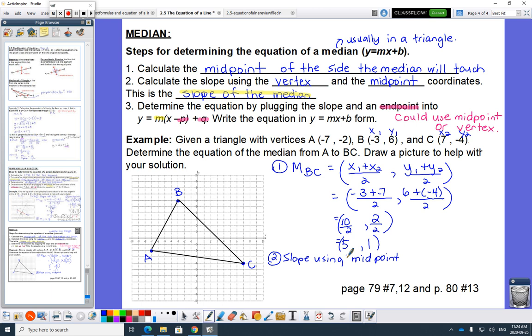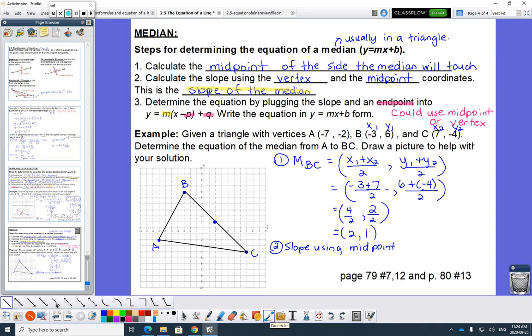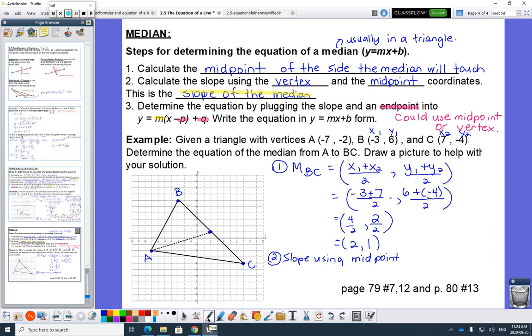Wait, what? Okay, so BC should be 2, 1. Draw the median in.